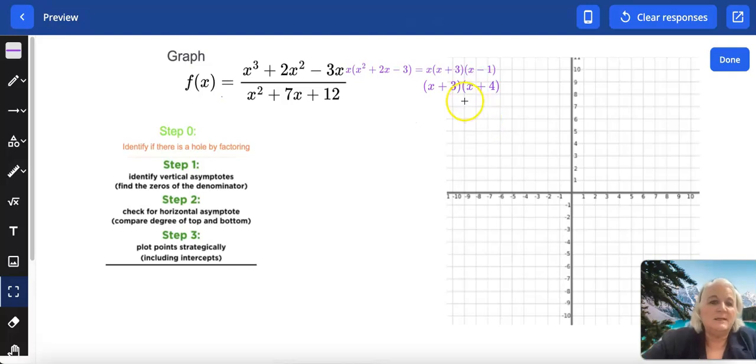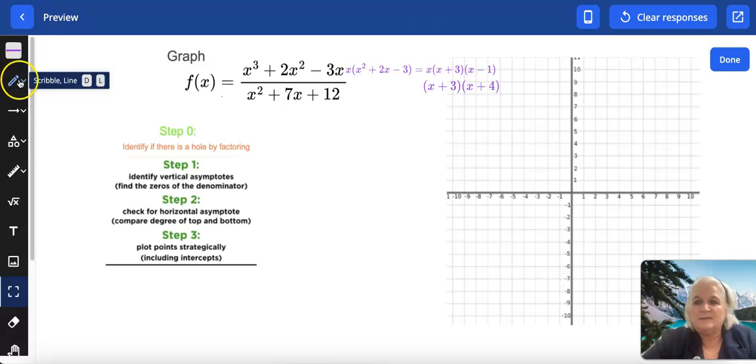Okay, you can see, and from the videos prior where it talks about the hole, the x plus 3 can cancel out because it's the same on the top as on the bottom. So that means that you have a hole at x equals negative 3, because x plus 3 equals 0 gives you that x is equal to negative 3.